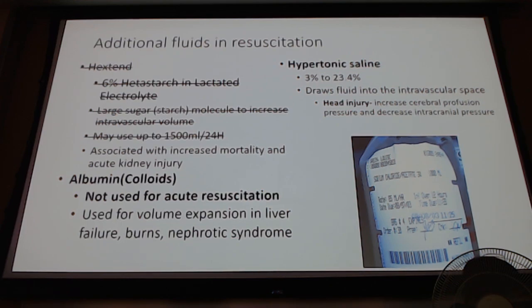Okay, we give this in very, very small increments, pretty much no more than 250 milliliters in a bolus. Okay, if they're really severely hyponatremic, then we can give this if they're actively seizing. Okay, or if they have a head injury and we are trying to decrease the brain pressure, the intracranial pressure, we can give this as well, but we'll talk about that later. But just know that hypertonic saline is something that we use in only very, very, very specific cases.